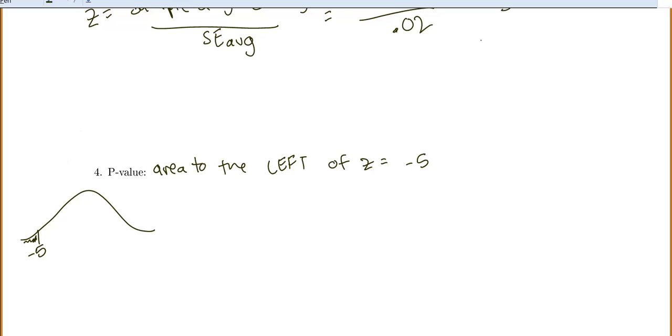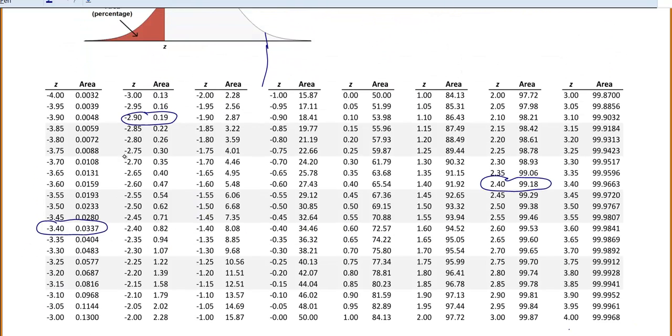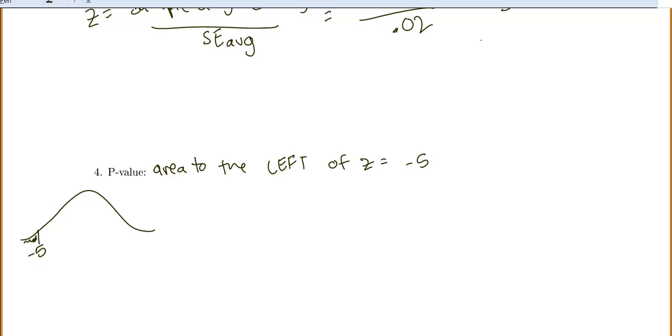This is very similar to our last example in that if I try and find -5, it's not on the charts. -4 is as far as we go, but if we continue the pattern, by the time we get here, I think that area to the left is going to be about 0. So when numbers are so far off the charts, we're just going to say it's about 0. So the p-value is basically 0%.